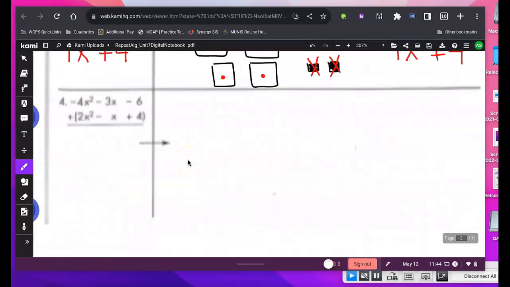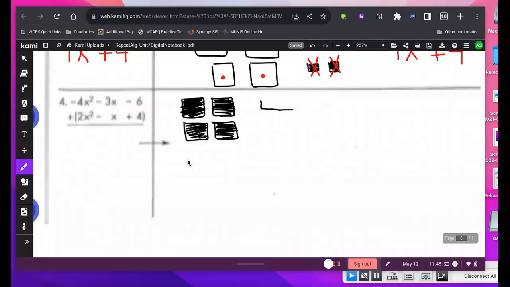So number 4, we're going to draw the first polynomial. So it says negative 4x to the second power. So I'm going to have 4 of the big x squared tiles, but they're going to be shaded in because they're negative. And then I have minus 3x.